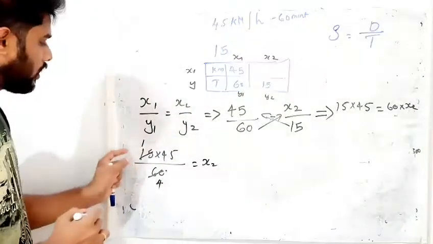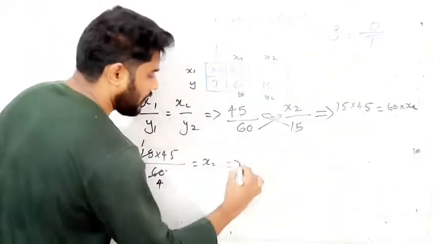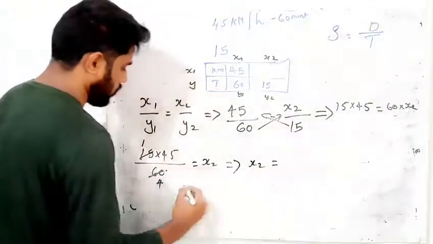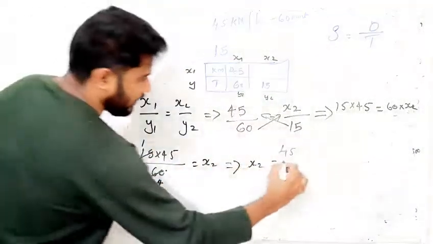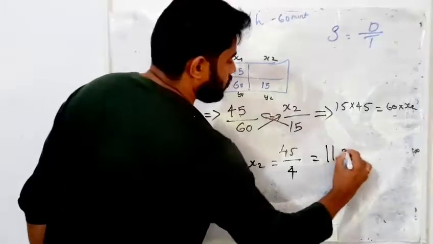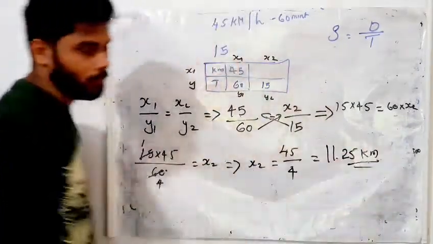So x2 is equal to 1 into 45 divided by 4, you will get 11.25 kilometers. You write the units properly.